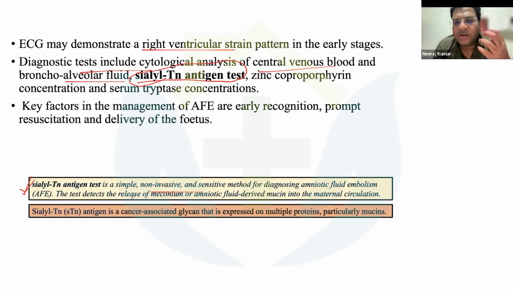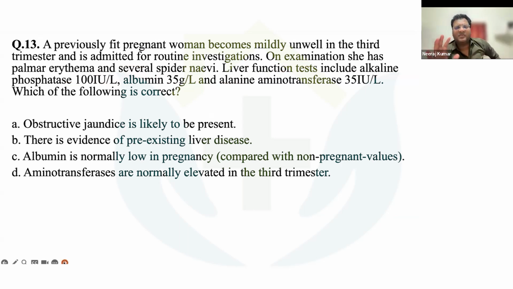It detects the release of meconium or amniotic fluid-derived mucin into the maternal circulation. This is an antigen, a cancer-associated glycan that is expressed on multiple proteins, particularly mucins. So many times you may get it as one of the choices, the Sialyl-Tn antigen test, used for diagnosing amniotic fluid embolism. So till now, I think that's fine.